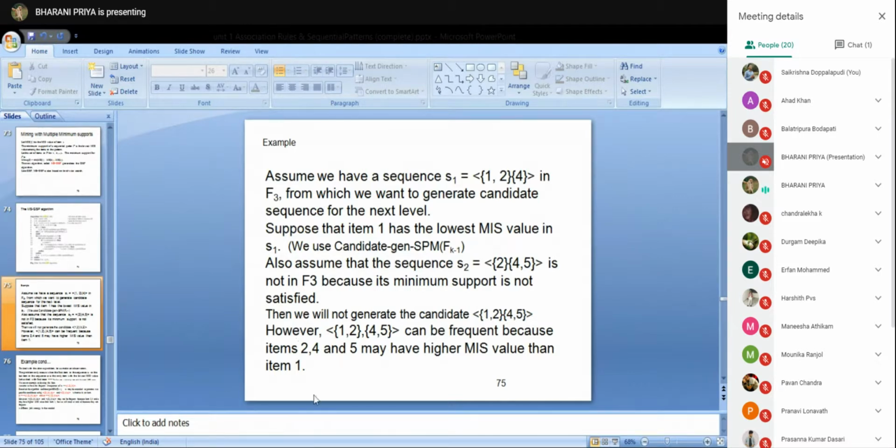However, 245 may have higher frequency. 124 may not be frequent, 245 may not be frequent, but 1245 may be frequent. Same as the previous one. Then how could you generate 1245?